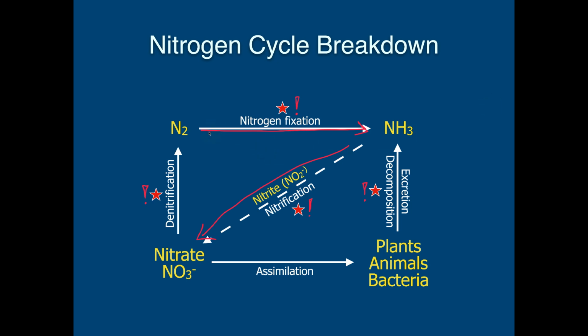But this process, where we take nitrogen, N2, and make ammonia and finally nitrates out of that nitrogen-containing molecule, is a very expensive industrial endeavor. Okay, really expensive, and it can be very dangerous.